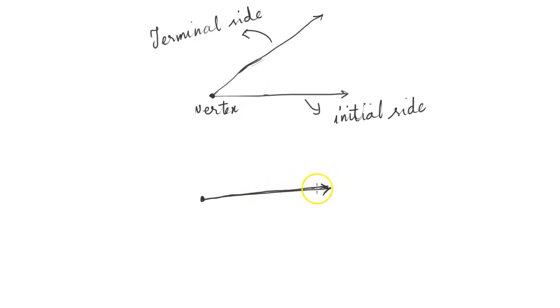Then you keep the first ray stationary, and you take the second ray and keep rotating it in a counterclockwise direction until you reach your desired angle, and at that point you leave the terminal side of the angle, and that becomes your angle.